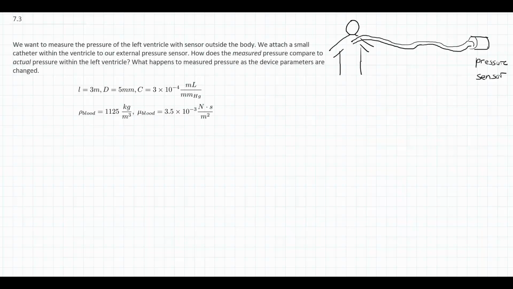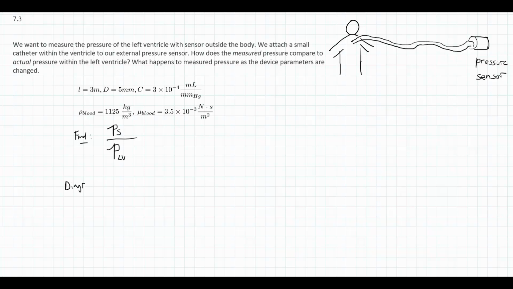So what we need to do is find a transfer function, because the pressure that we're sensing and the pressure that's actually in the left ventricle are not the same thing, as we're going to see in our diagram. So we're going to need to find the transfer function from the pressure in the sensor, which I'll call Ps, to the pressure in the left ventricle. So it's our sensed pressure versus an input that is the actual pressure inside the body.